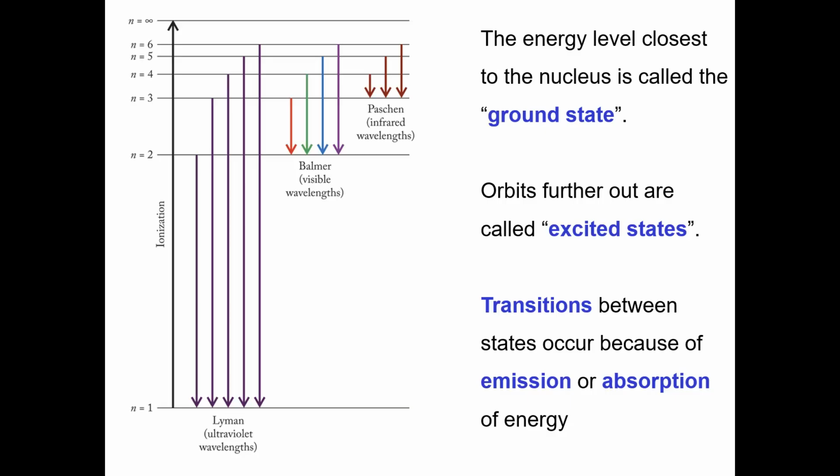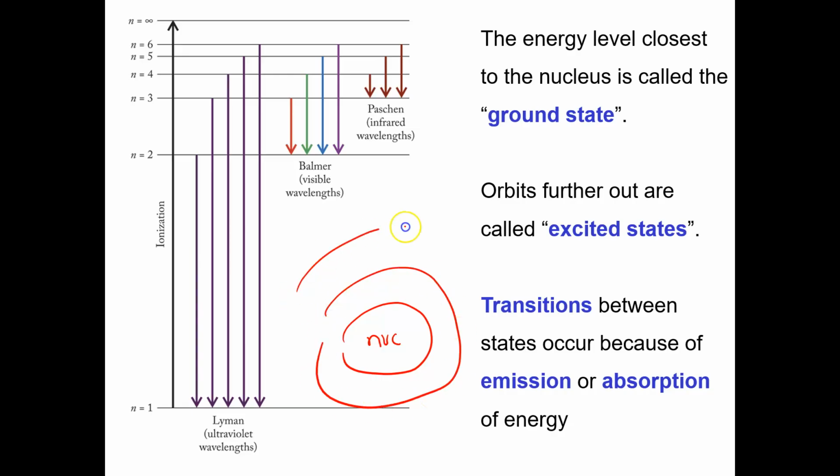So this is shown as lines, but in reality, they would be circular orbits, right? Like that. But that's kind of difficult to draw.